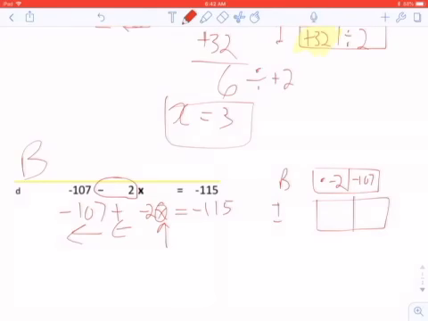Now I do the inverse, 1, 2, 2, 1. What's the opposite of subtracting 107? Adding 107. What's the opposite of multiplying by negative 2? Dividing by negative 2. Okay. And then I apply that to this negative 115.